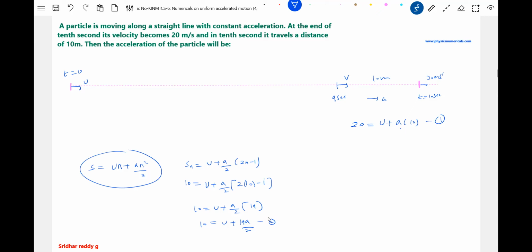So solving 1 and 2 for U and A, I'll substitute U equal to 20 minus 10A. So 10 equal to 20 minus 10A plus 19A by 2. Solving this, I'll get the expression for acceleration, 20 meter per second square.